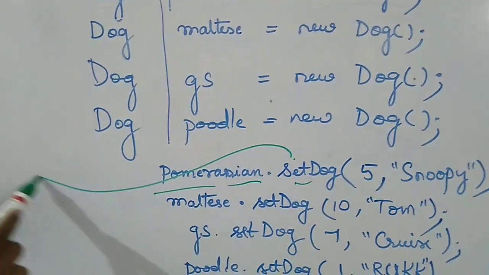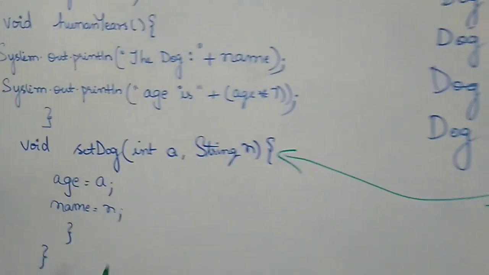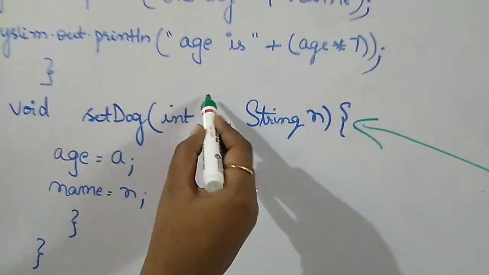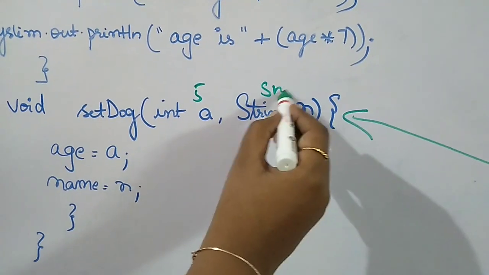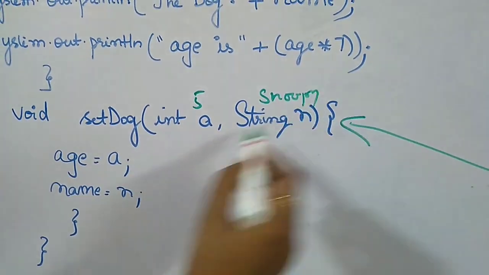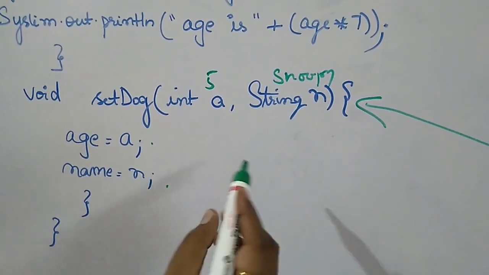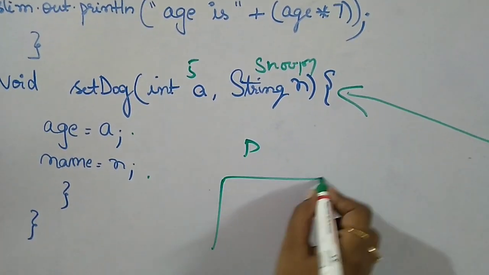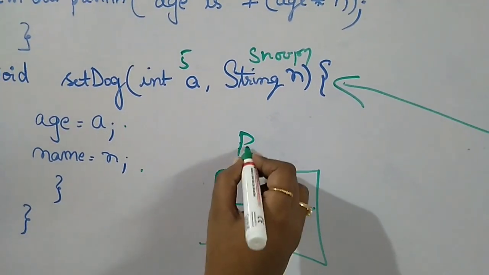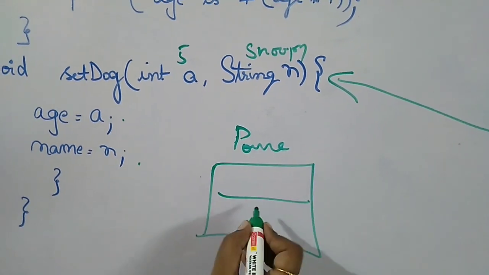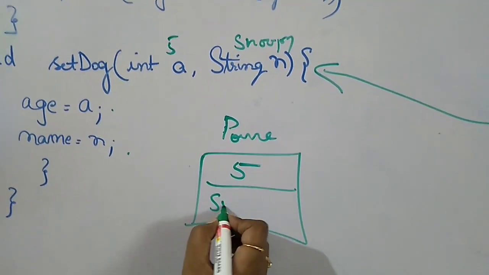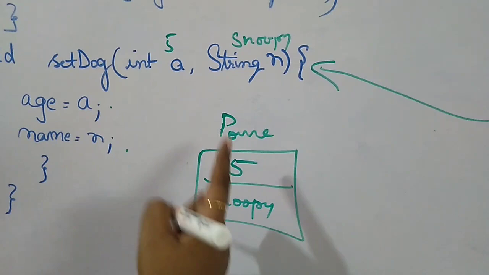Control will come over here, and for a the value is 5 and for n it is Snoopy. So the values 5 and Snoopy are set on the Pomeranian dog. The age is 5 and the name is Snoopy. So this is how it is stored.